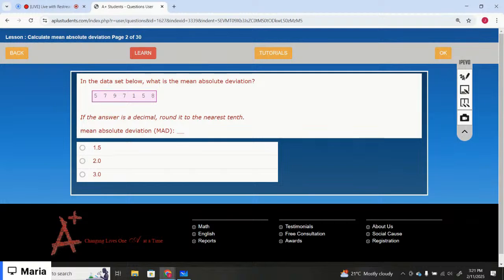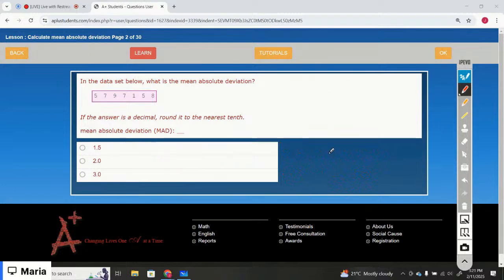In the dataset below, what is the mean absolute deviation?